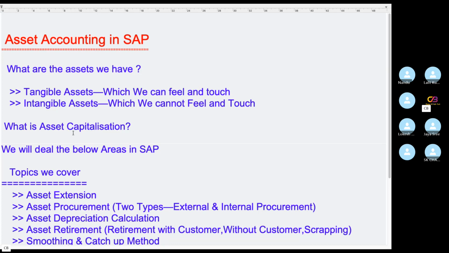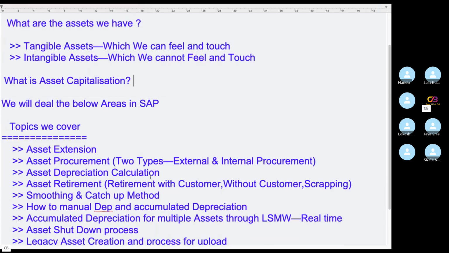If that limit is crossed, we can show it as a capital expenditure, and in SAP we can see the capitalization date in the asset master data. And with depreciation, due to wear and tear, the asset value should decrease, right?